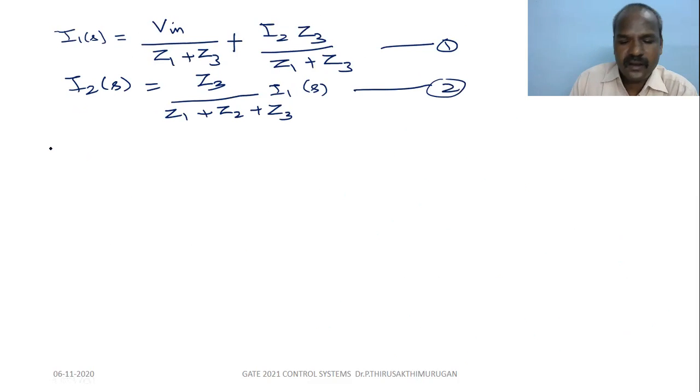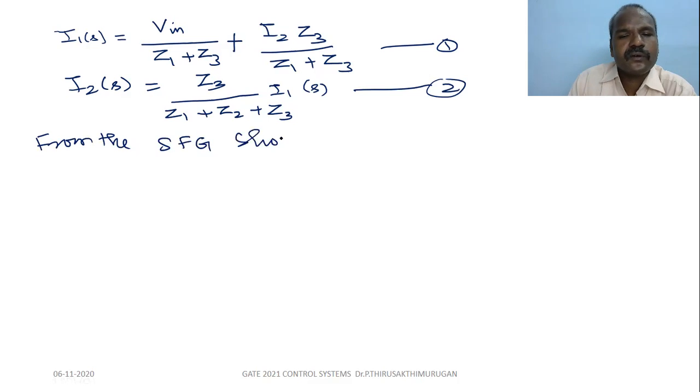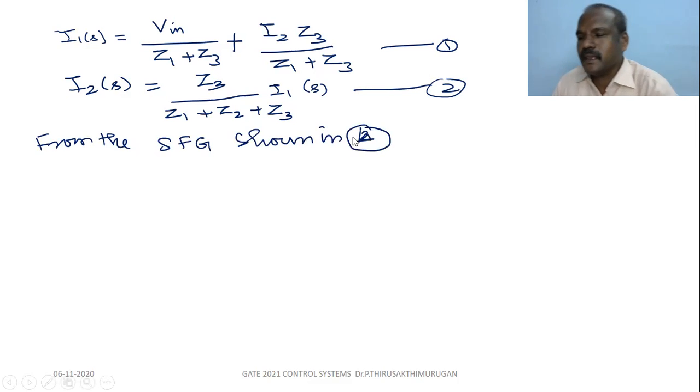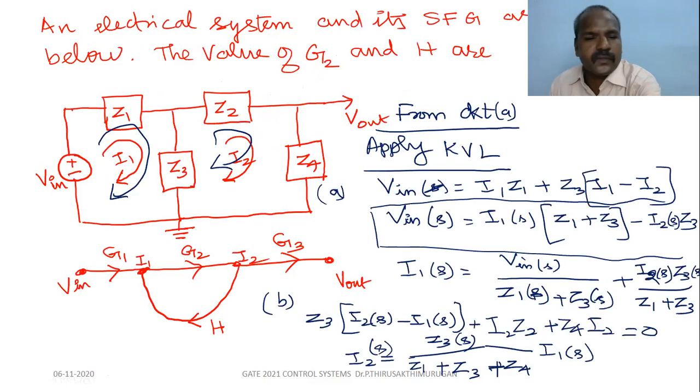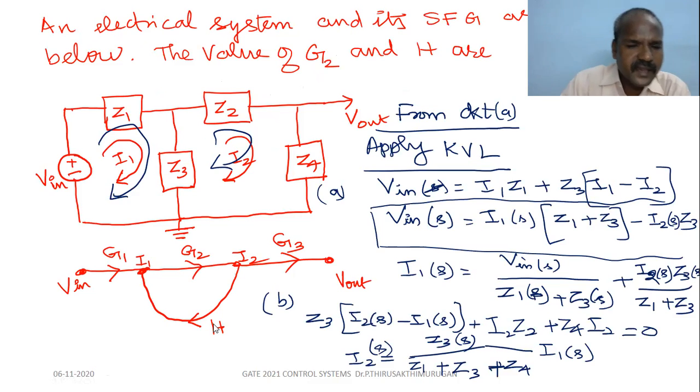Now let us do the analysis for circuit B, the signal flow graph shown in figure B. From this figure, you can find I1 and I2. What is I1 here? I1 is nothing but G1 times Vin, gain into input.